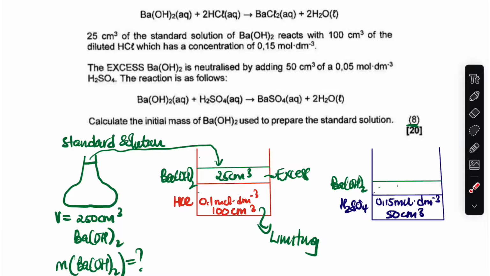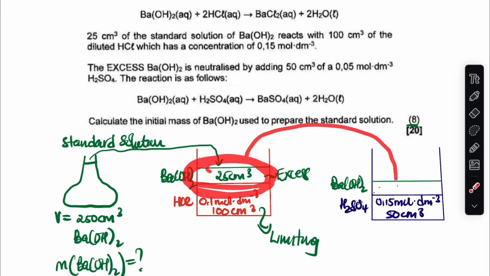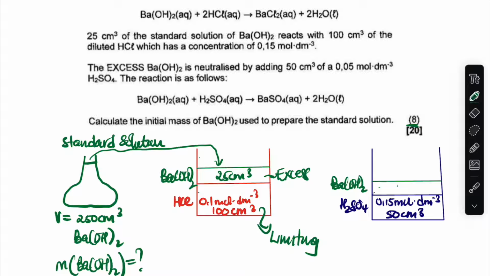Now it says here the excess of the barium hydroxide is neutralized by adding 50 of 0.05 of sulfuric acid. All right, so when these two react, there will be an excess in the barium hydroxide. So that amount of barium hydroxide that remained is taken to react with the sulfuric acid, which is the 50 cubic centimeter and 0.05 of the sulfuric acid there, right?